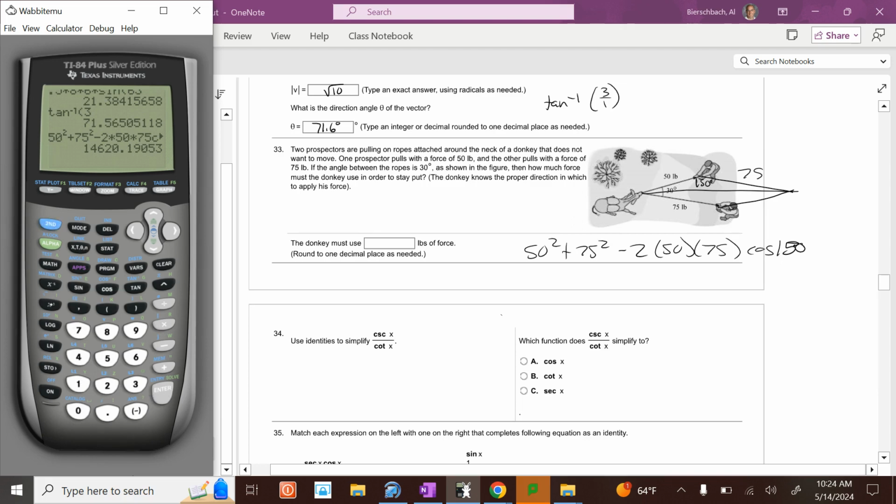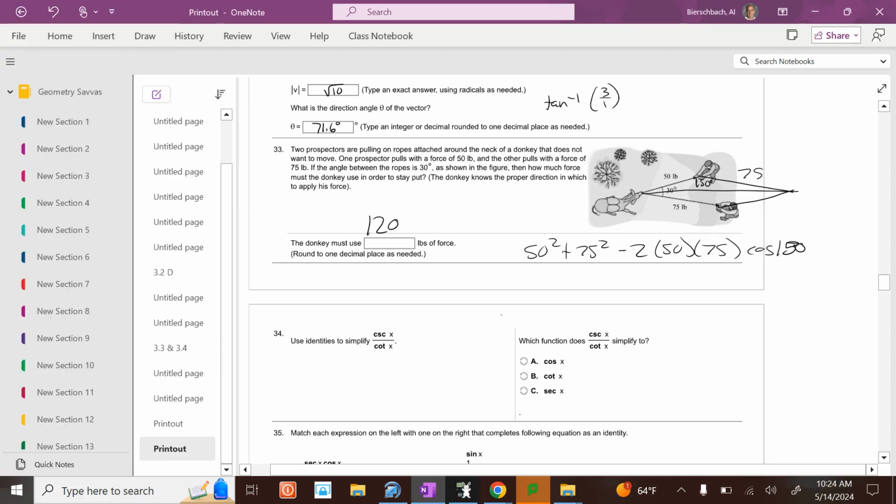And then we take the square root of the answer. So 120.9 pounds of force that donkey is pulling back with.